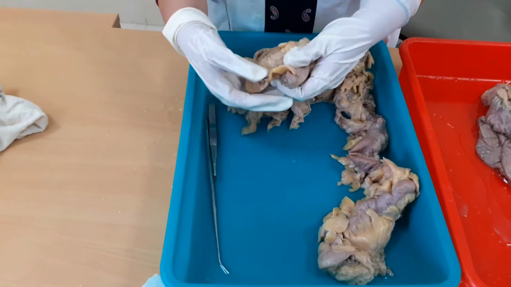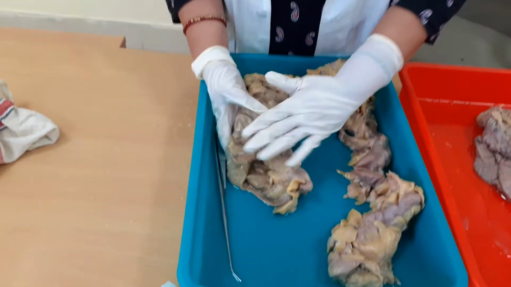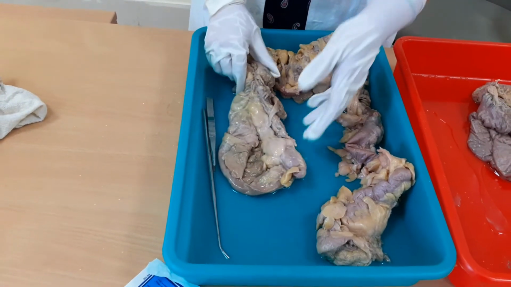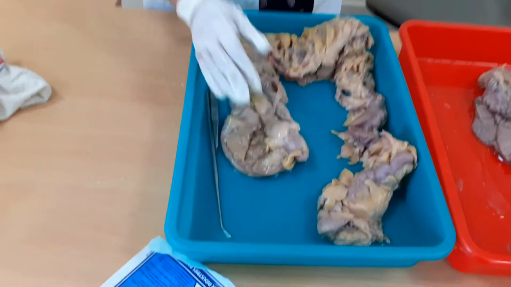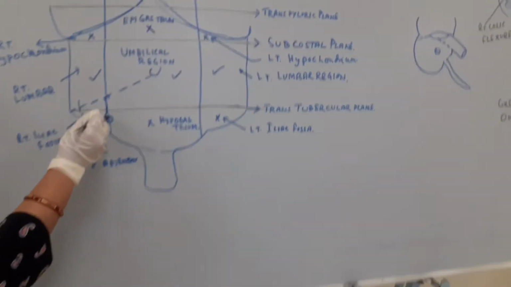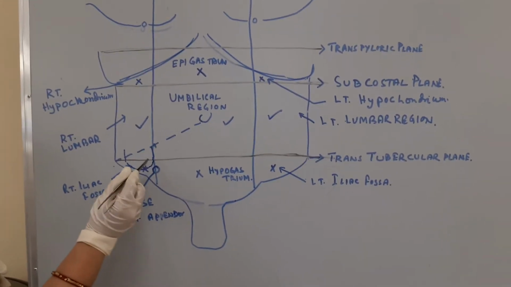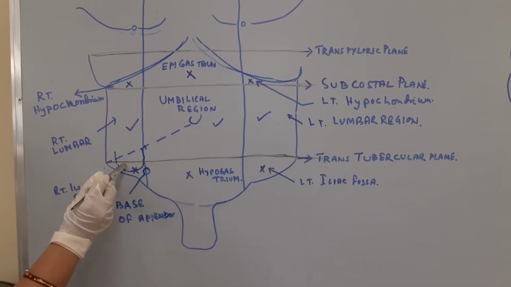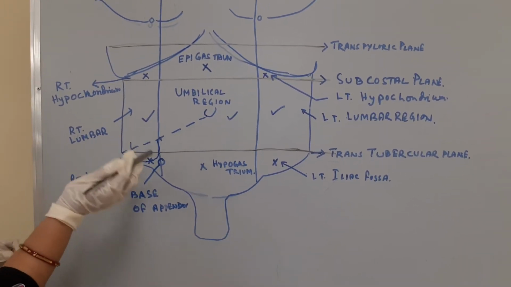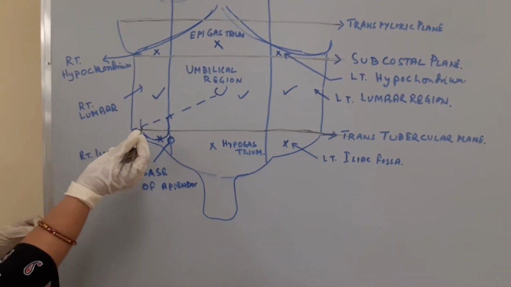Now coming to the different relations. The cecum is present in the right iliac fossa, and anteriorly it is related with the anterior abdominal wall and different muscles of the anterior abdominal wall.